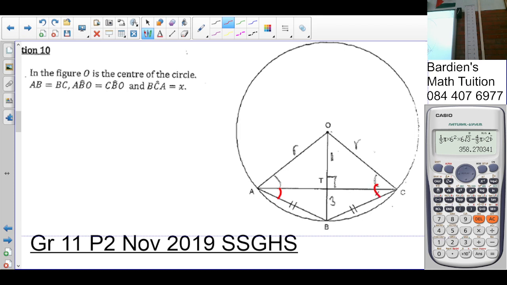Angles opposite equal sides. Not so? Then we are told that ABO is equal to CBO. Okay, so already I'm seeing congruent triangles there. No? Then we are told that the angle is X.